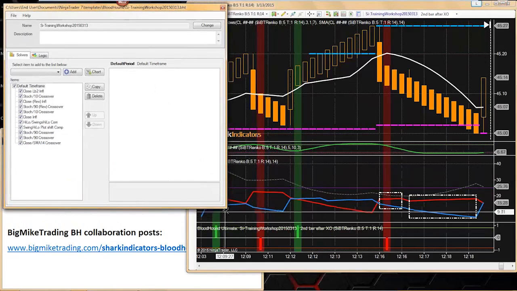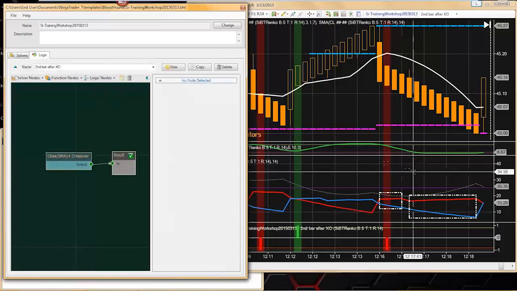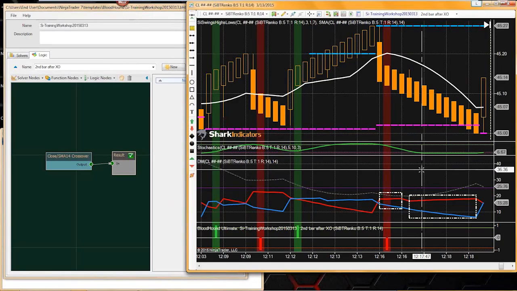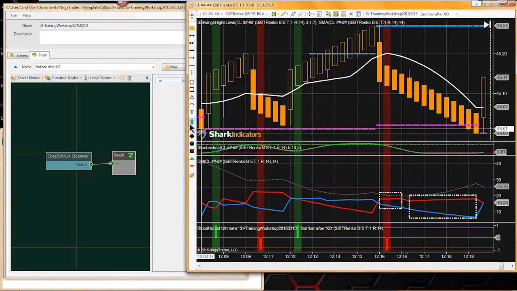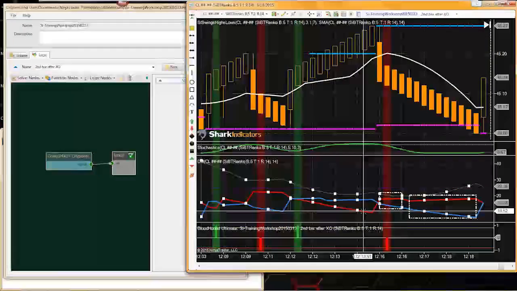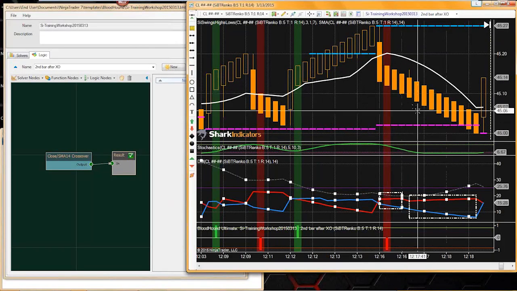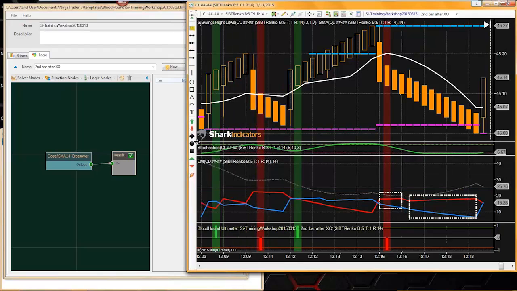All right. So the first thing that we want to know is, I'm making some assumptions here. So the first thing we're going to want to know is, which one's on top. Is the DI minus on top, which means we're basically in a downtrend? The instrument is moving down, right?